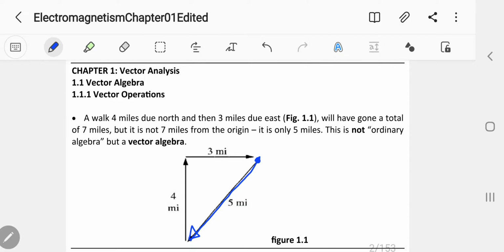So in this case, what is the direction of your final walk?